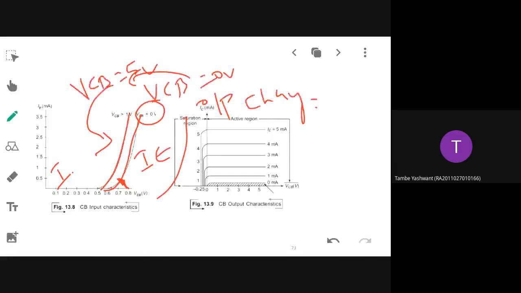Because of that particular reason only, the curve is moving to the left side.